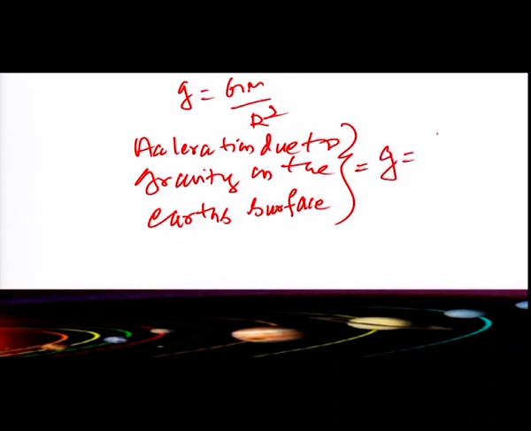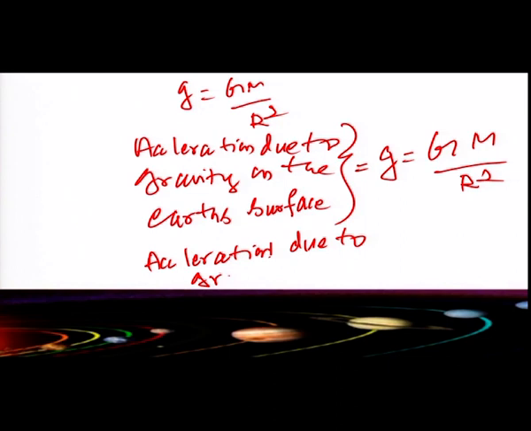We already derived that it is GM/R². And similarly, the acceleration due to gravity at a height h is g', and this g' is equal to GM/(R+h)².